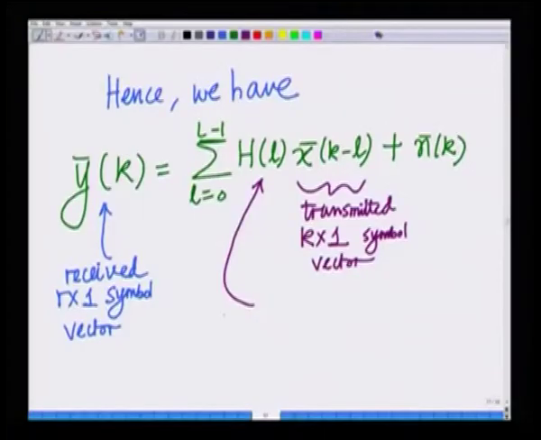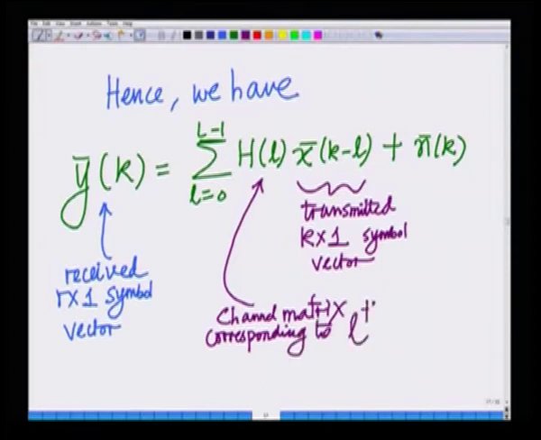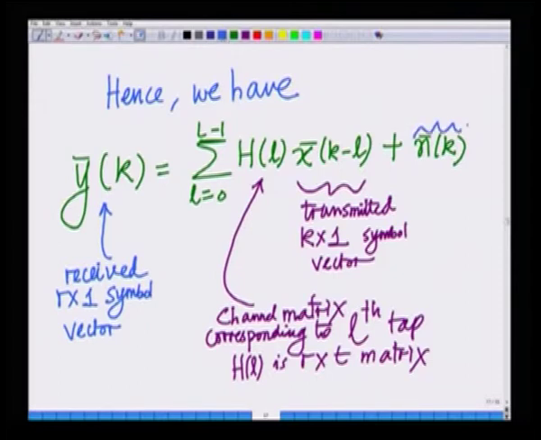So, this is the channel matrix corresponding to the l-th tap, and in fact h of l is an R cross T matrix, and n bar k is the R cross 1 received noise vector. This is the MIMO frequency selective channel.